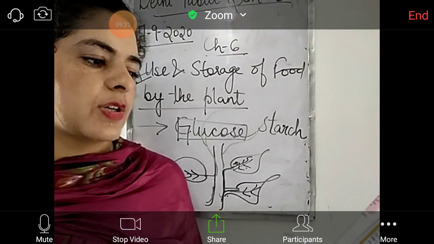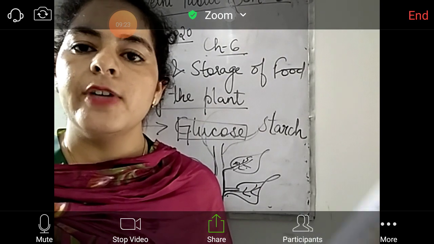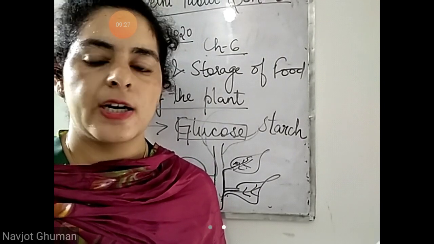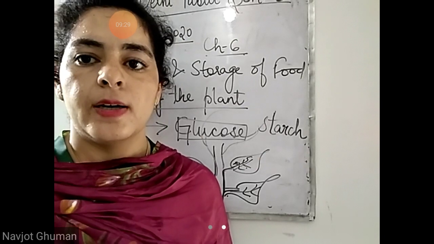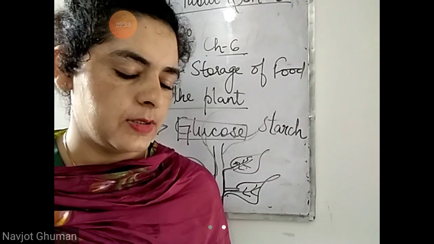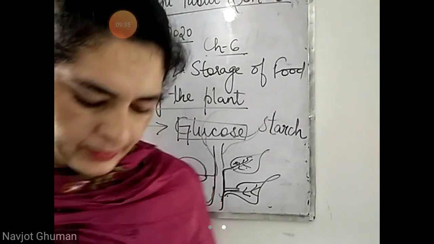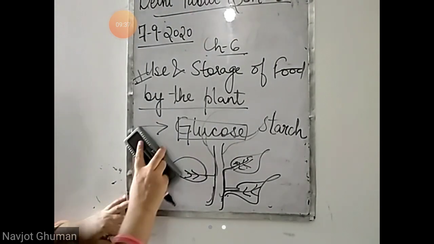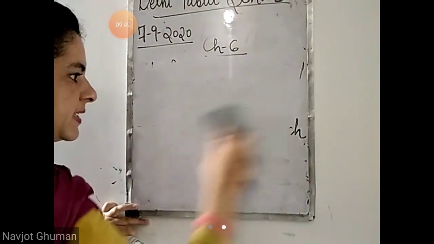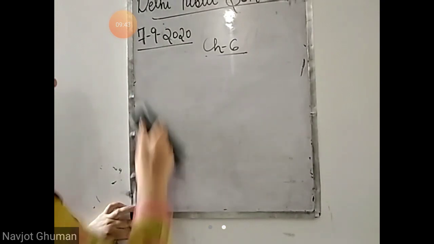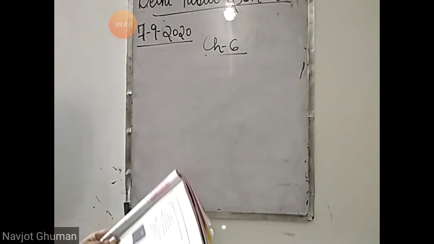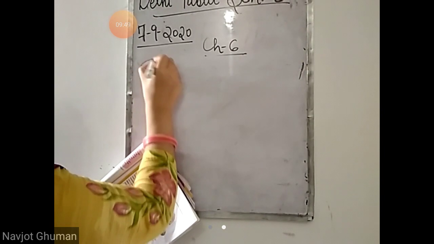To test for starch, how can we test that the food is stored in the plant? वो starch के form में फिर store हुआ है, हम कैसे test कर सकते हैं कि starch is present over there in any food part of the plant? So how can we test it? That is a very simple test. Whenever the school will open, we will perform this practical to test for starch.